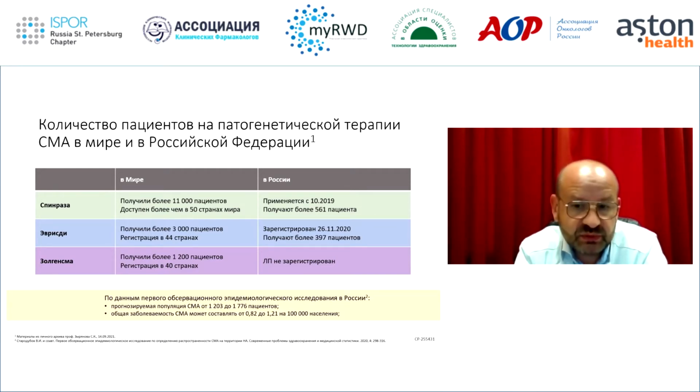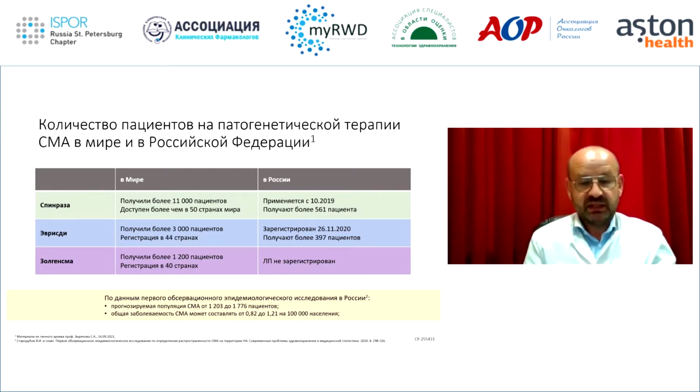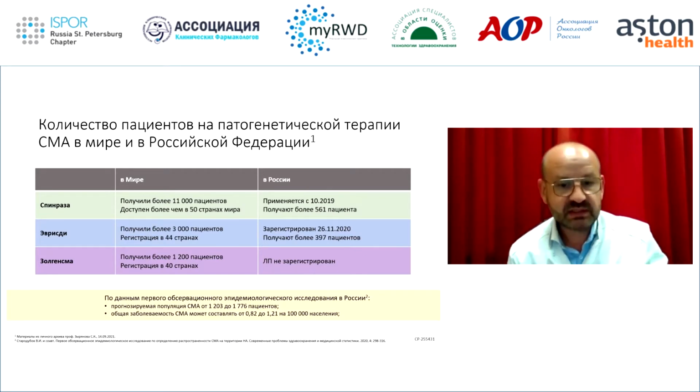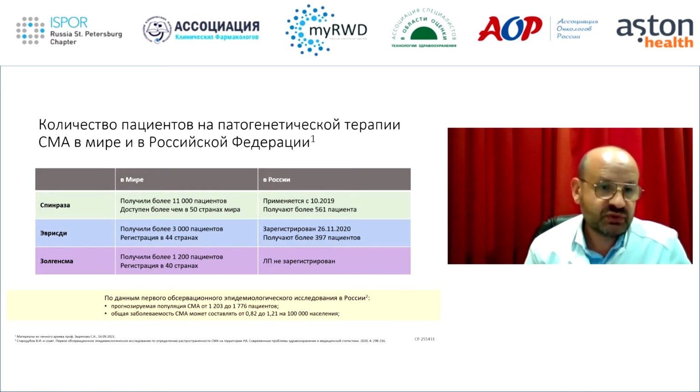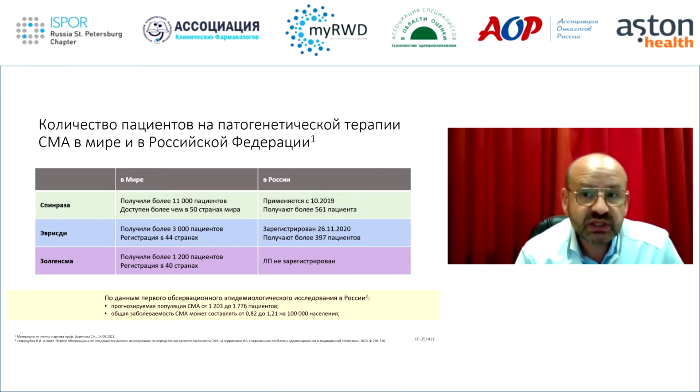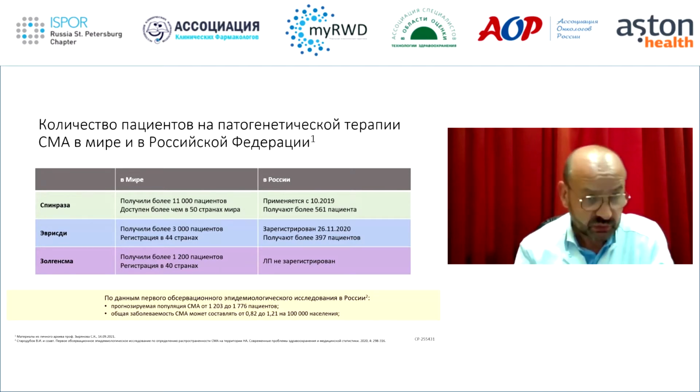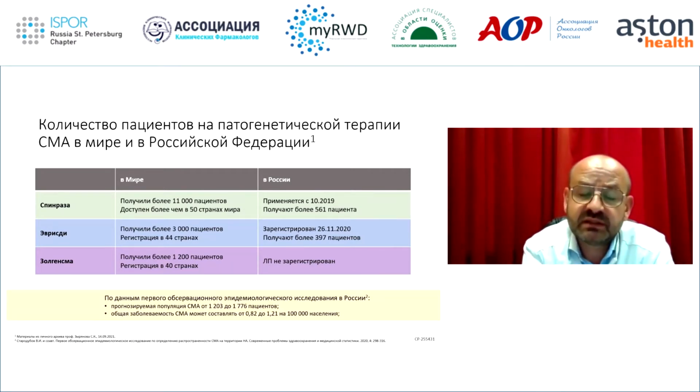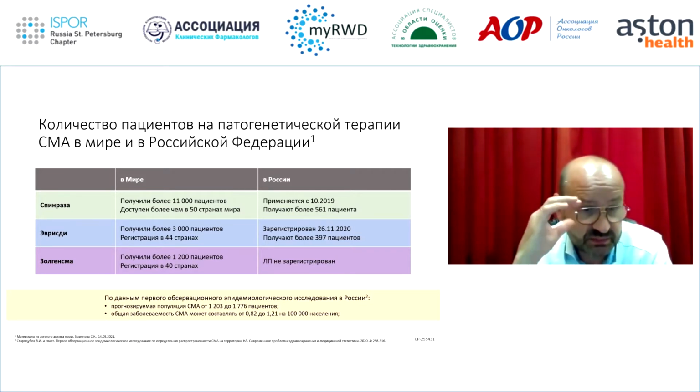But we understand that the Russian population of patients with SMA is basically the same as other SMA populations globally. In Russia, we have quite a lot of patients with SMA who need these drugs.